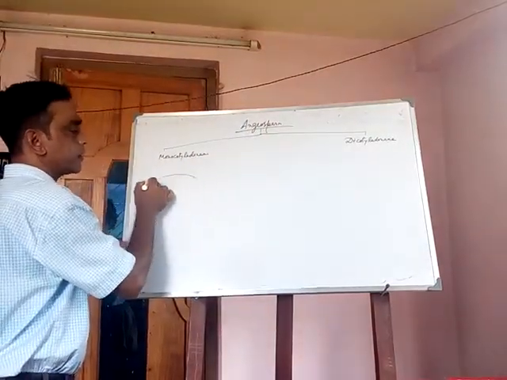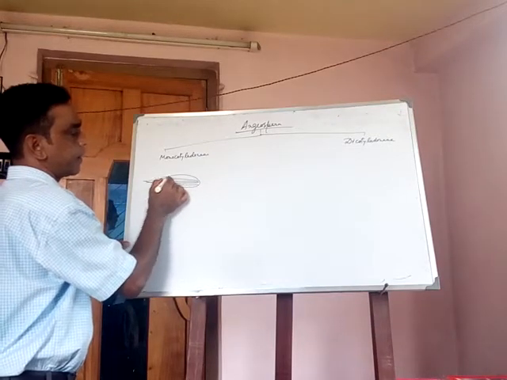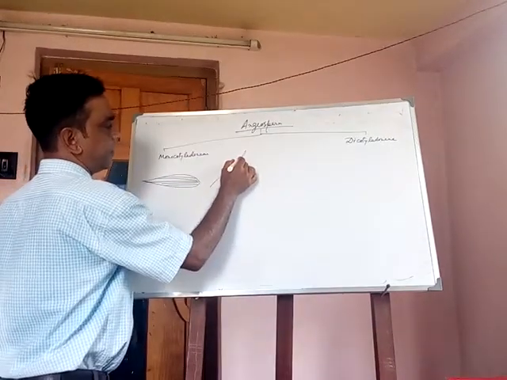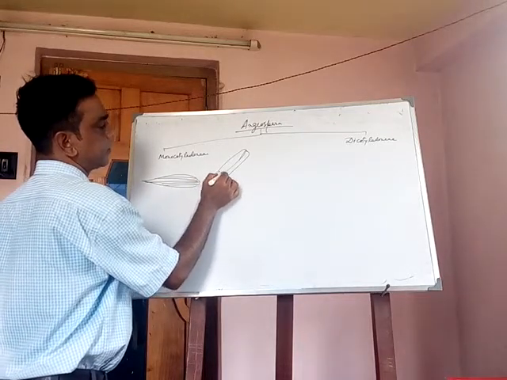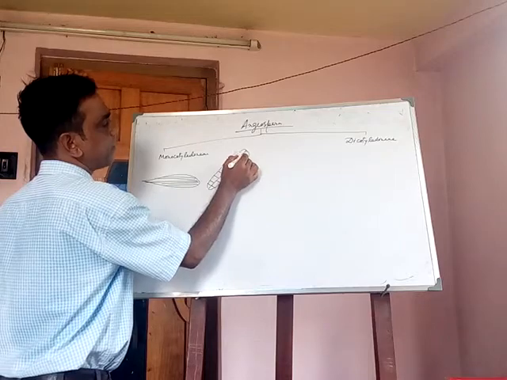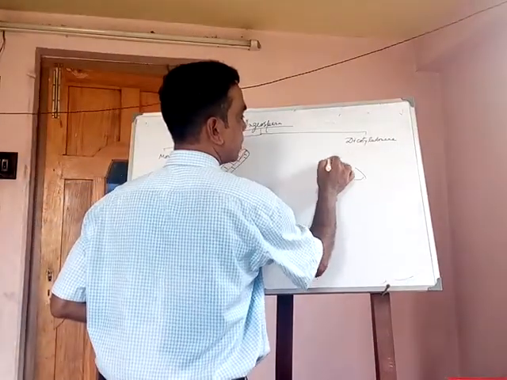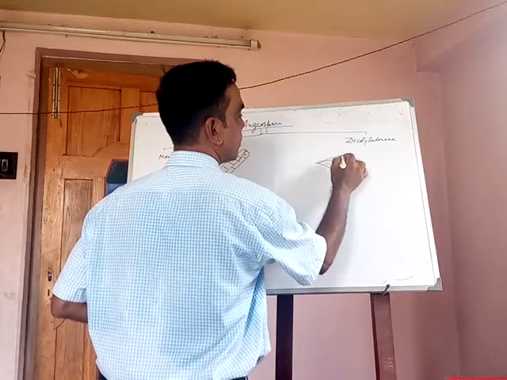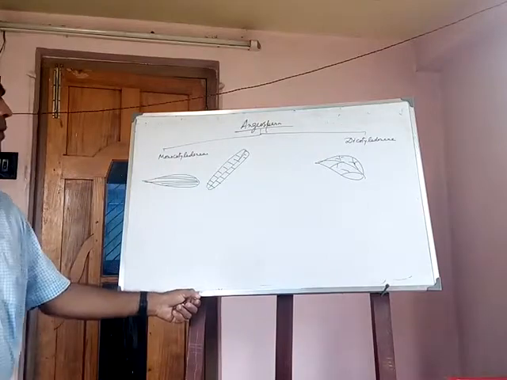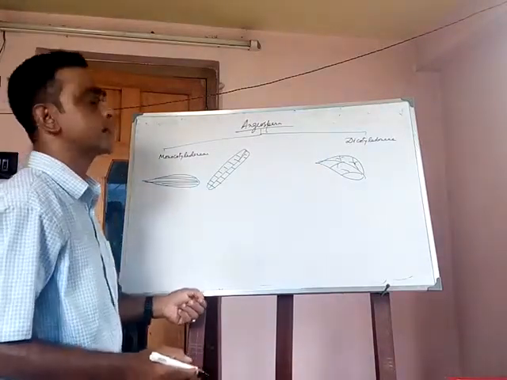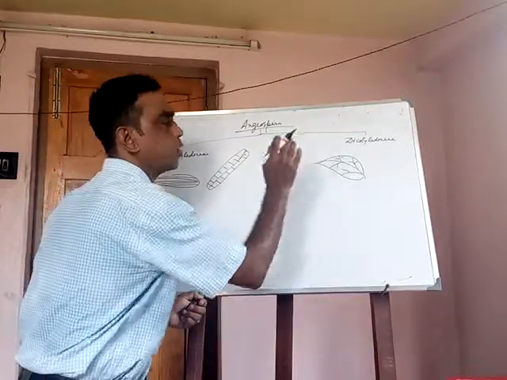In monocotyledony the leaf venation is parallel, but reticulate leaf venation is found in dicotyledony. The cotyledon number is single in monocotyledony. The cotyledon number is double in dicotyledony.